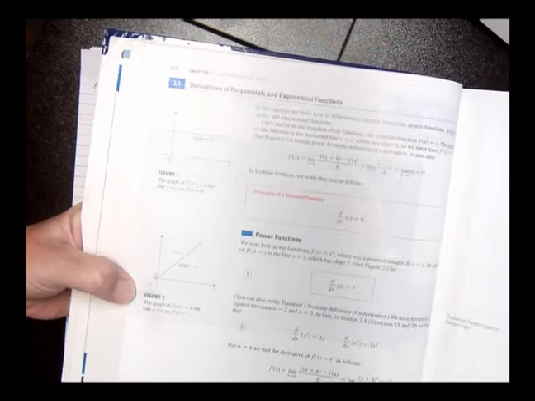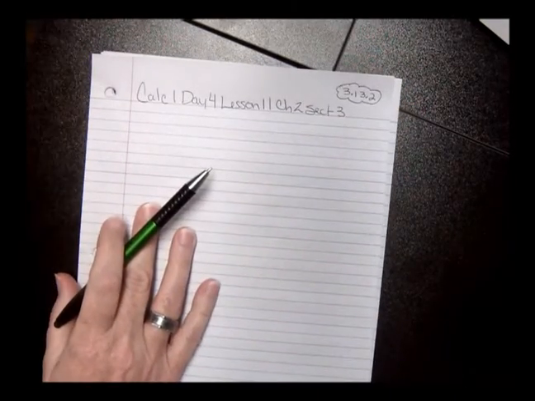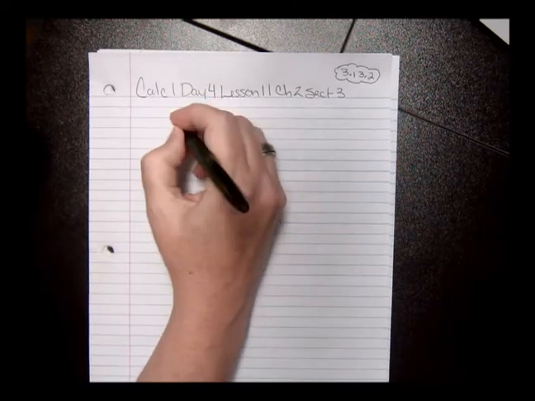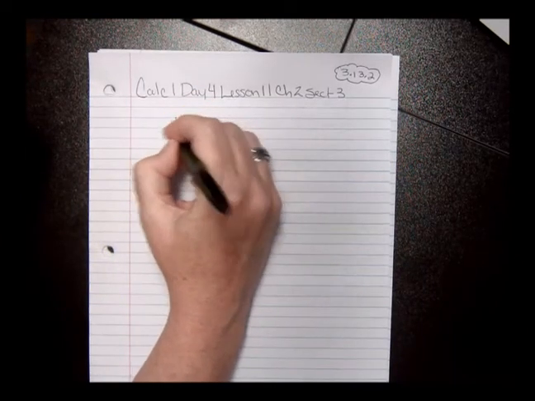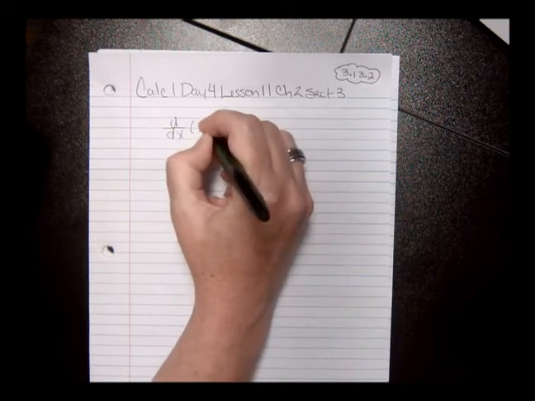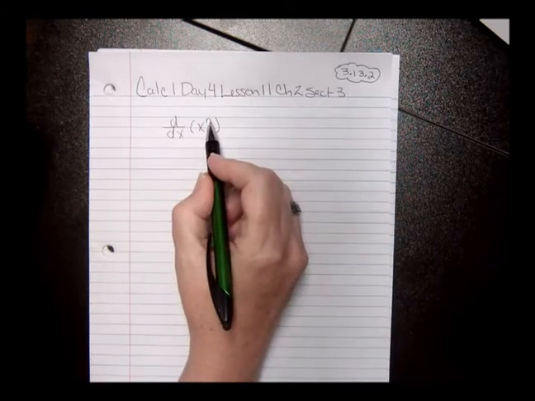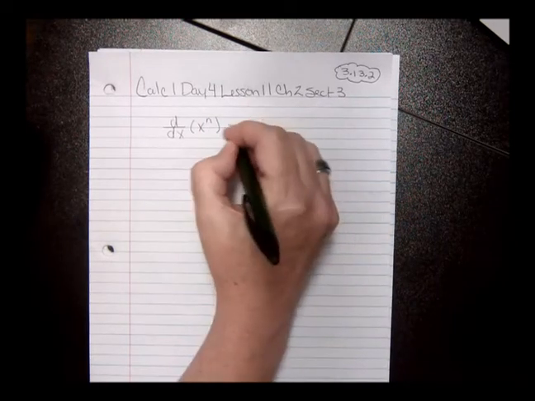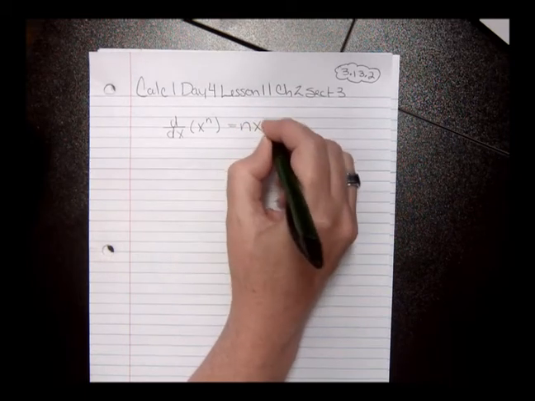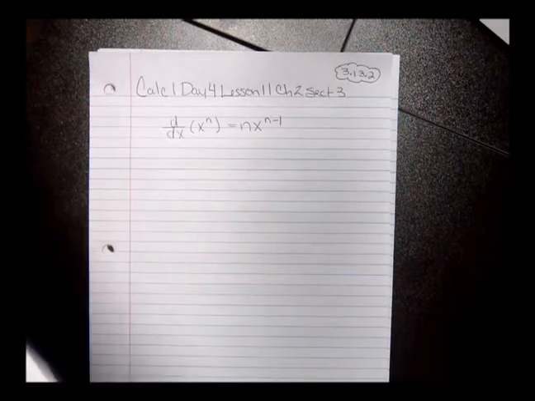So we're going to use that information, and there's a proof, and you'll be glad to know I'm not going to do it for you, that you can find the derivative of any x to the n by taking n times x to the n minus 1. Genius.